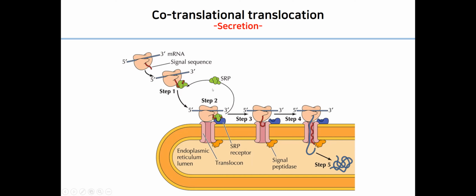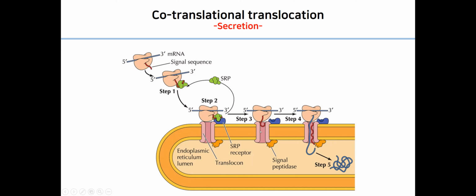and then the ribosome-SRP complex is targeted to the ER membrane by interaction of the SRP and the SRP receptor. Next, the SRP dissociates, and the ribosome and signal sequence are transferred to the channel-like protein called the translocon.